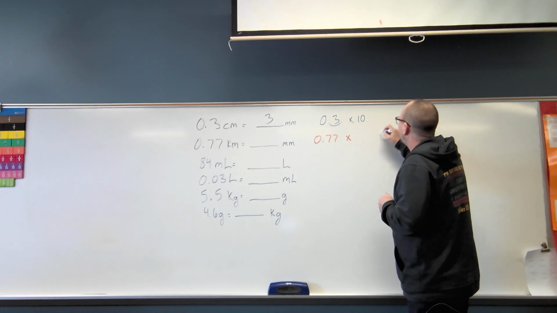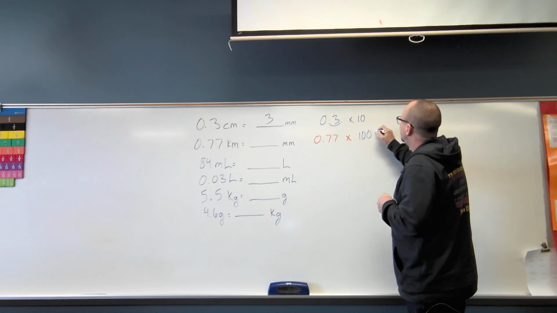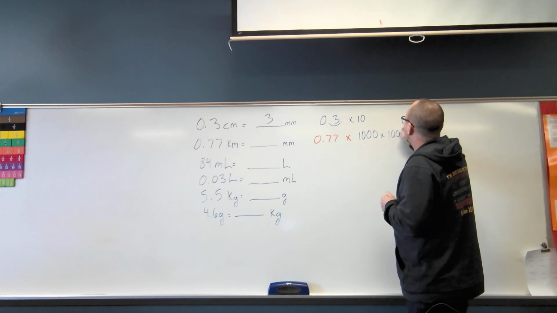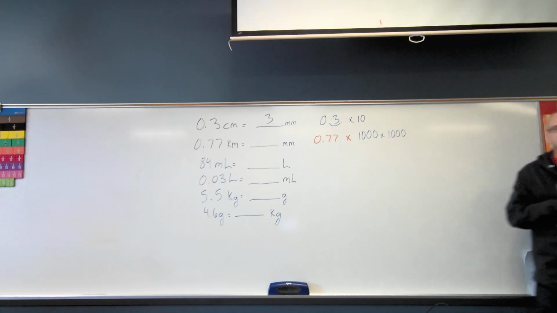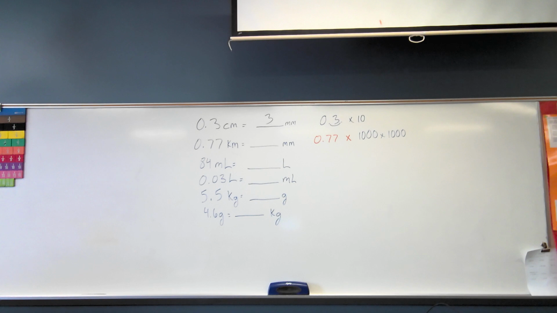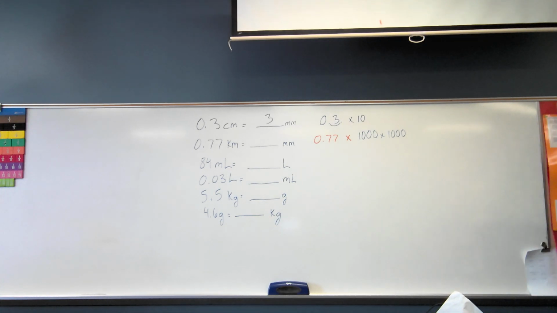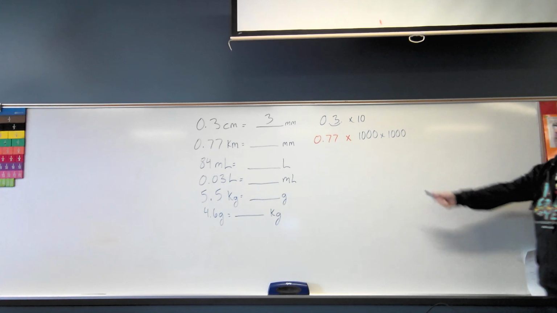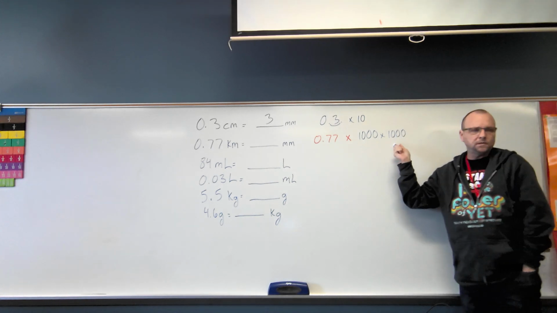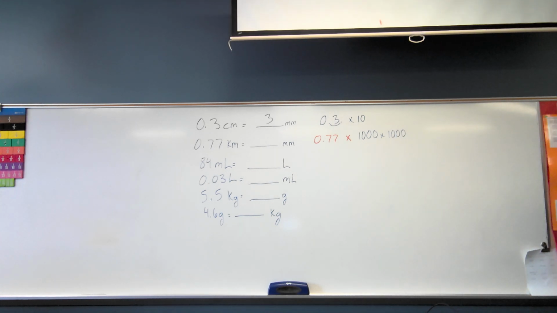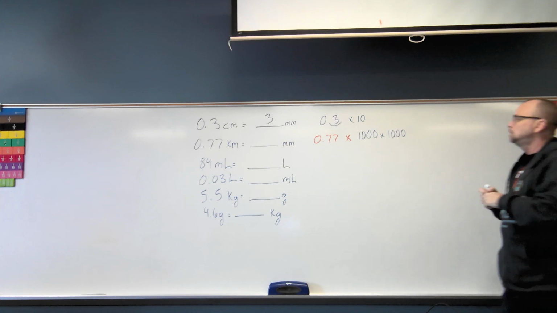So I'm multiplying by 1,000 and then times 1,000 again. So how many zeros is that? That's 6. Which means I have to move my decimal point 6 places to the right, because I'm changing it first to meters and then to millimeters. That's where the 6 decimal places come in.